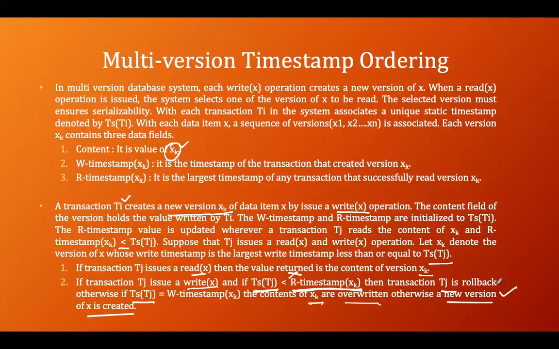This is all about the multi-version timestamp ordering protocol. And these two are the conditions: if a transaction issues a read request, can we allow it? If a transaction issues a write request, can we allow it? Based on these conditions, we can say that multi-version timestamp ordering provides us serializability, and it will help n number of transactions to execute concurrently.